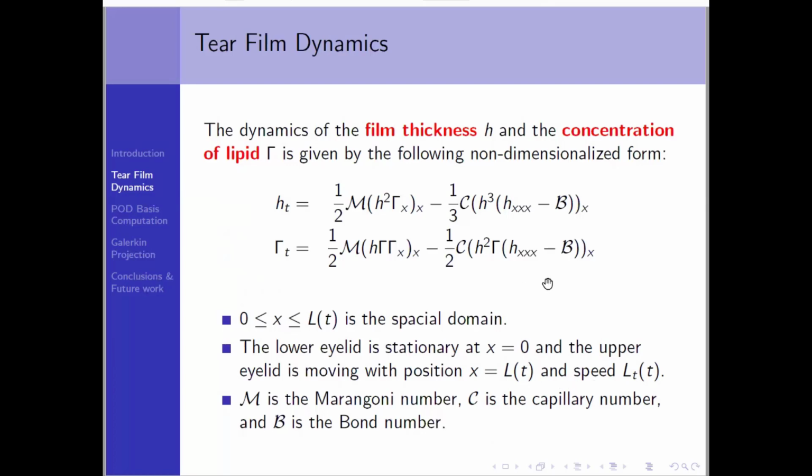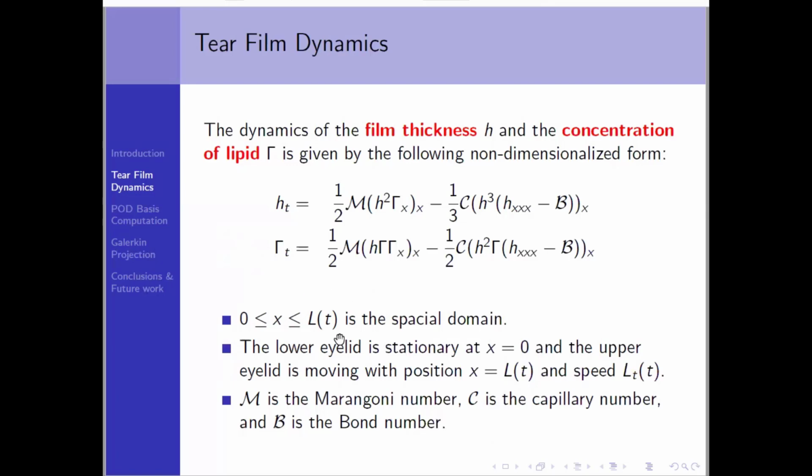The problem with this situation is that we have a moving boundary problem, which is a challenging problem numerically. So we need to transform this moving boundary to a fixed boundary.